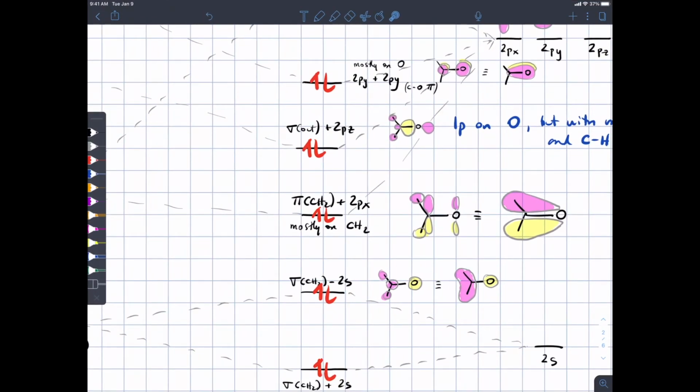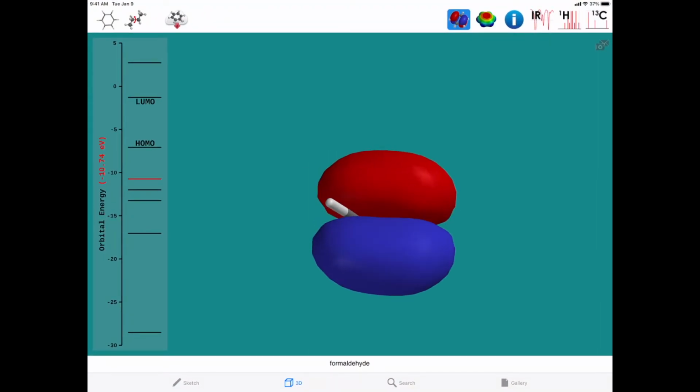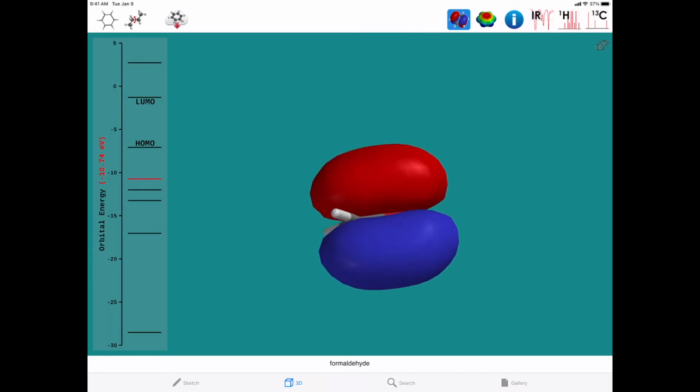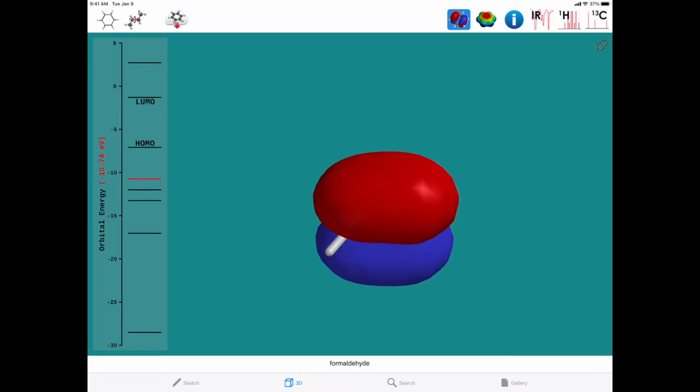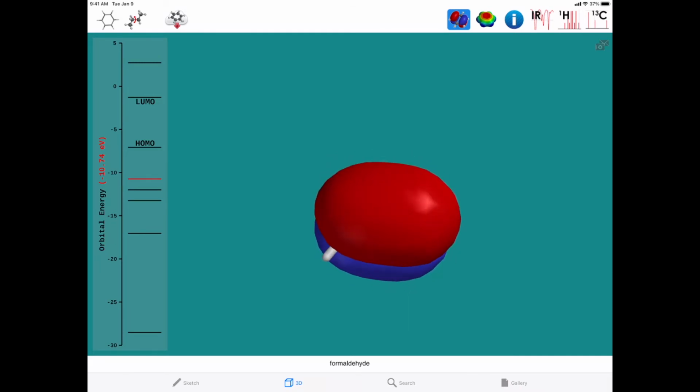Next, we expect to see the 2py plus 2py orbital, which would correspond to the pi bond, and there it is. We'd expect to see some bias maybe towards the lower energy oxygen.